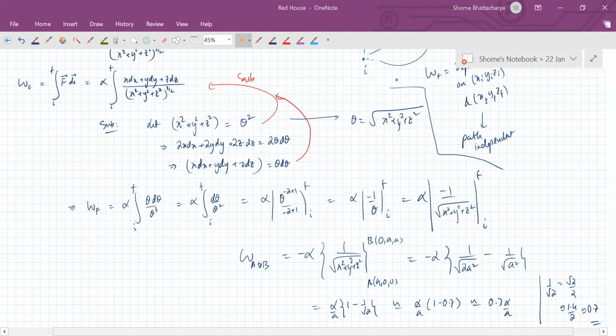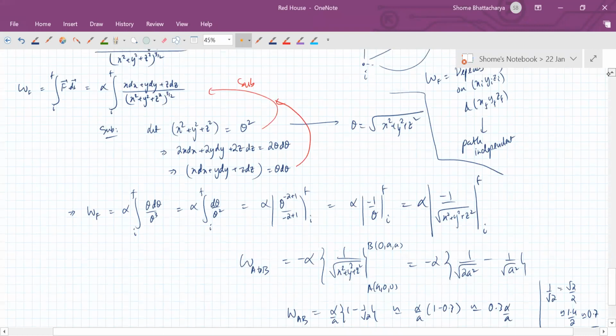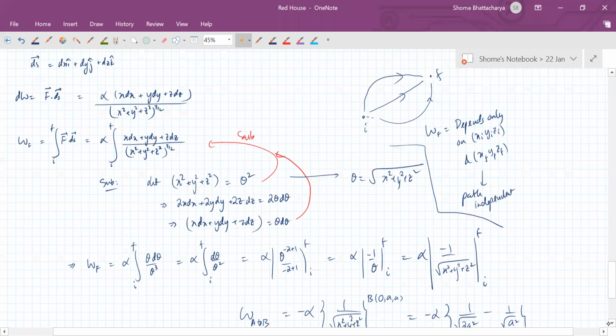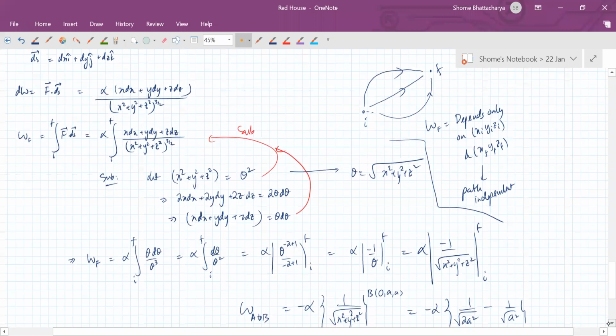Okay, so that's done. Two things are done. We have shown that it's conservative, and we have shown that work done for this particular case A to B is this much. Okay, people. So are we all clear with this part? I hope no doubts.